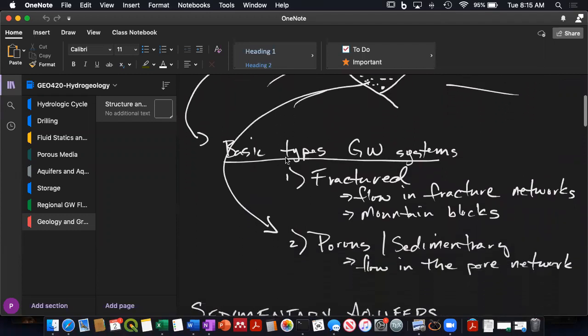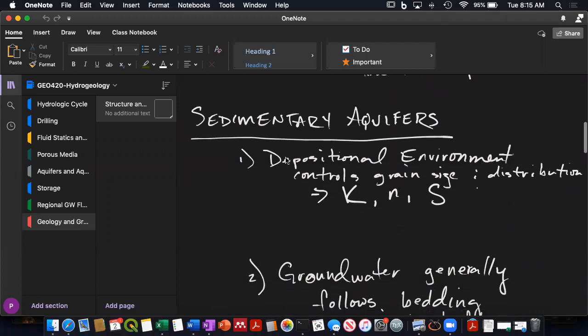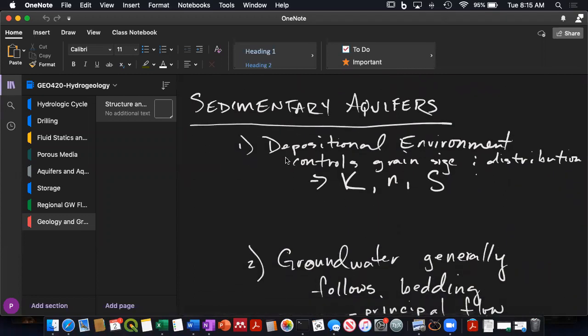And we had started talking about sedimentary aquifers, how the hydraulic conductivity and the porosity and the storativity was really controlled by the grain size and distribution, which is the depositional environment. All right, so all that stuff that you're learning in Mark's class about sedimentology and depositional environment, that's critical for understanding what the subsurface structure looks like and how that controls the hydrogeology.